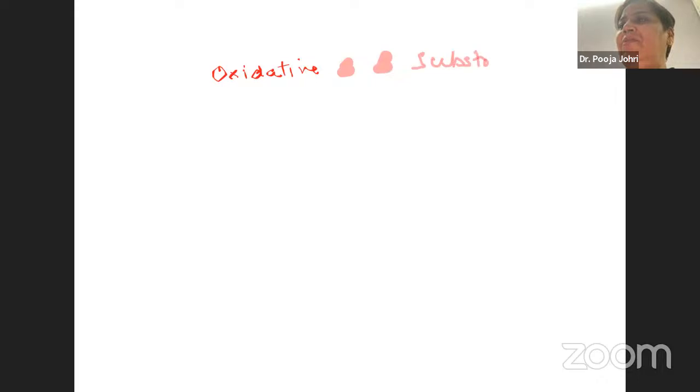Can you see the screen, beta? Substrate level phosphorylation. Isn't it? This was your question, right? So what is the difference between oxidative and substrate level?